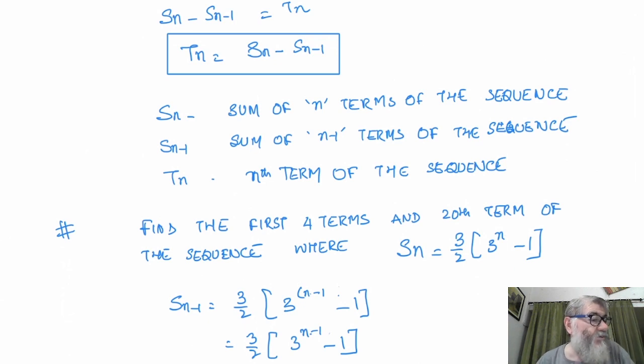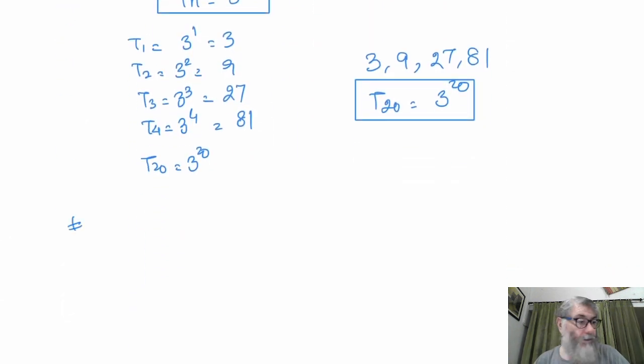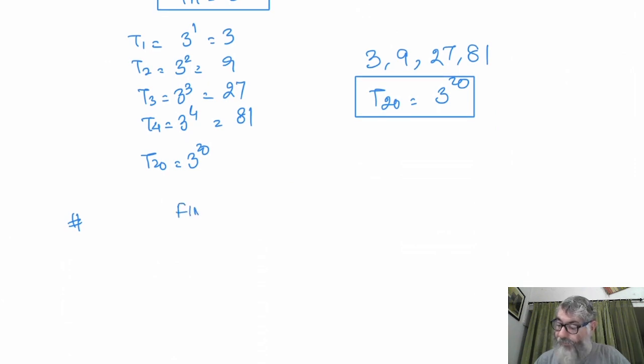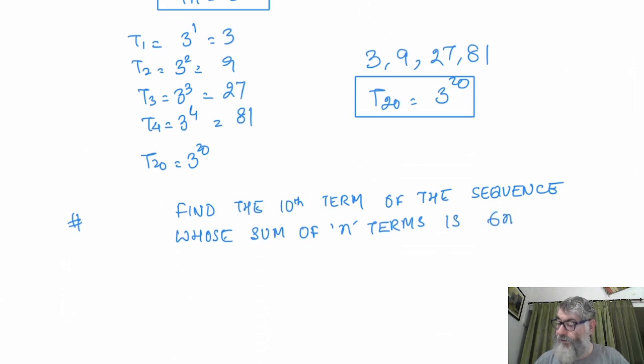Find the 10th term of the sequence whose sum of n terms is 6n square plus 1.